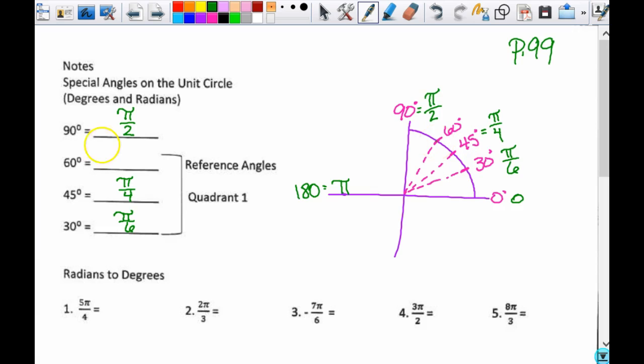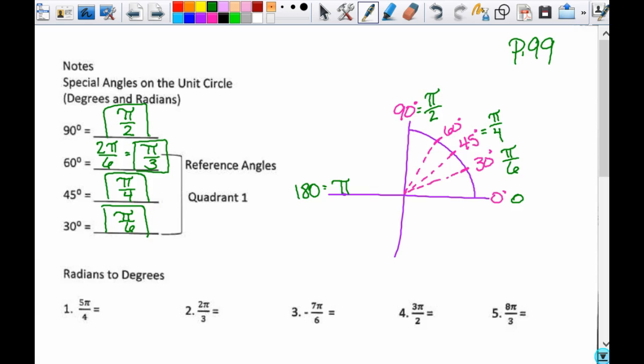So isn't this 2 pi sixths? Can you reduce that? And it's pi thirds. So pi thirds is the real answer, but that's the whole counting thing that we kind of talked about yesterday. And then guess what? 90 is 3 pi sixths, which gives you pi over 2. If you can at least commit these to memory, the rest is just a matter of understanding multiples, right?